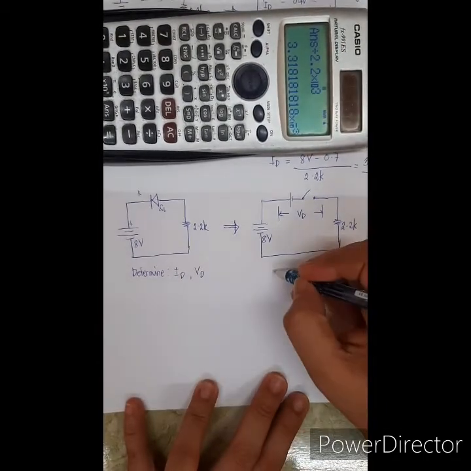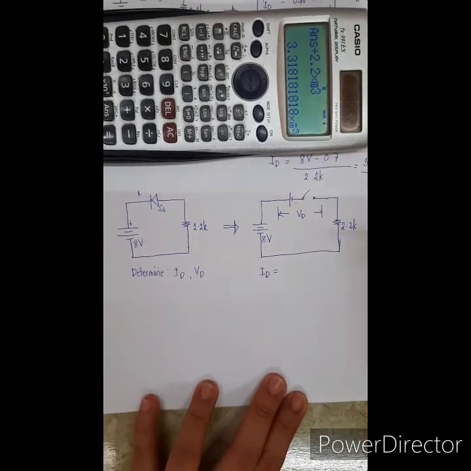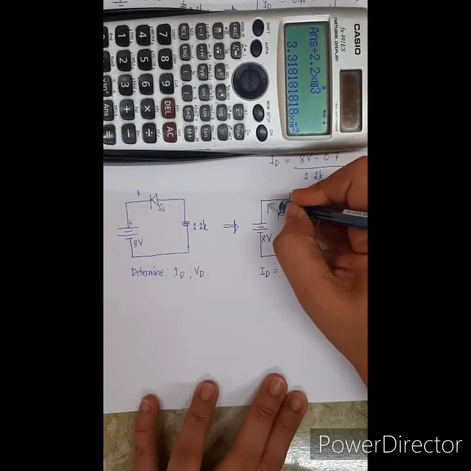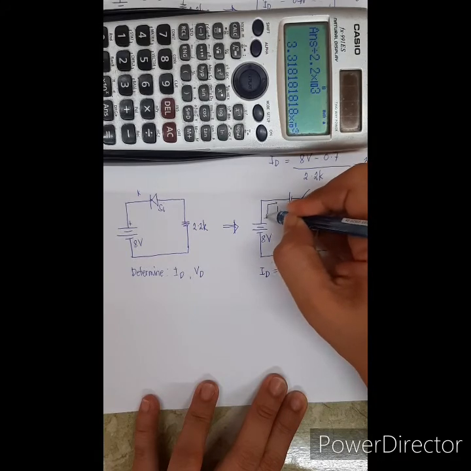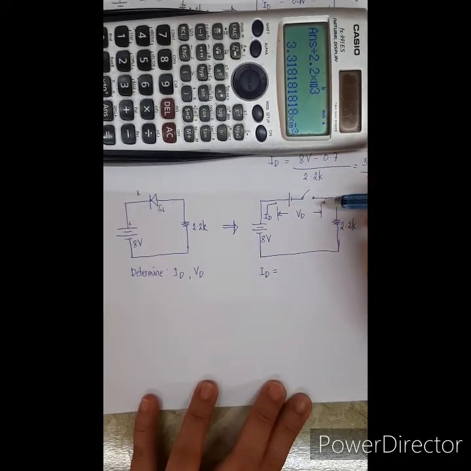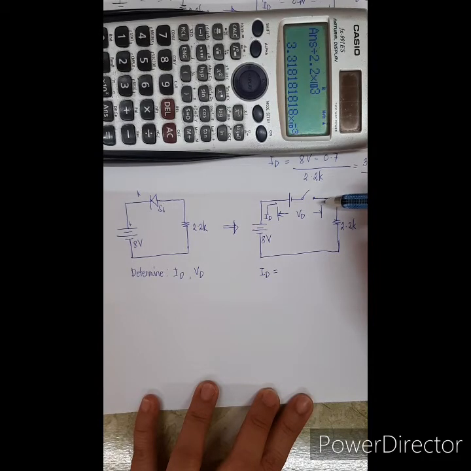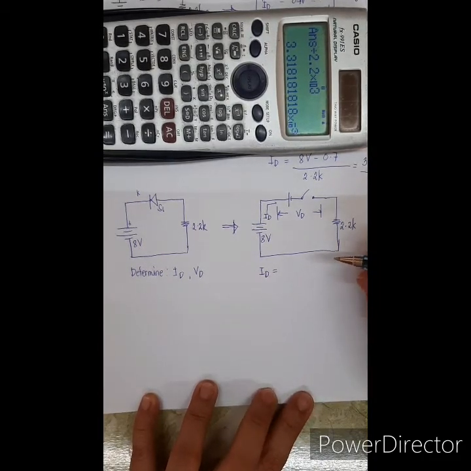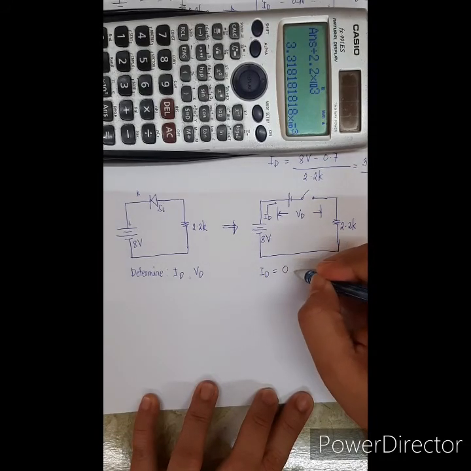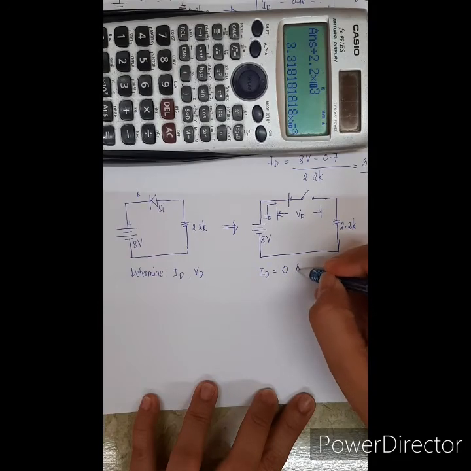Okay? Therefore, ano ang ID natin? Since diode here, diode current, what would be the current flowing through an open circuit? Sagot po natin, of course, it is always equivalent to 0 milliampere o 0 ampere.